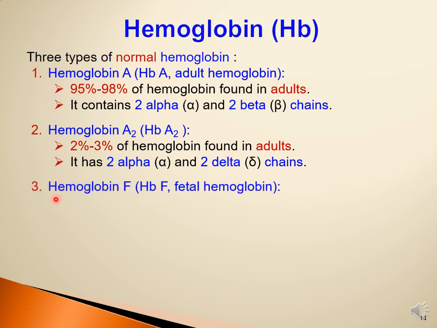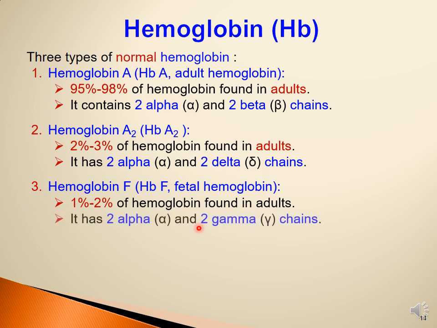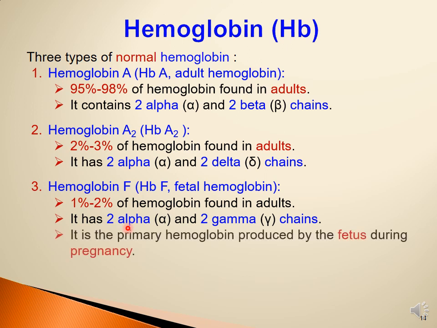Then we have hemoglobin F, which is fetal hemoglobin. This is the main type of hemoglobin that is found in the fetus or in the newborn, then gradually decreases in level till the age of 2 years. So it represents about 1 to 2% of hemoglobin that is found in the red blood cells of adults. It has 2 alpha chains and 2 gamma chains. So the difference is in the gamma chains, not the alpha. Alpha is present in all types of hemoglobin.